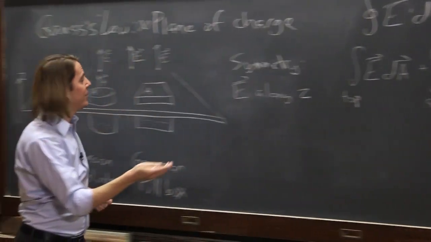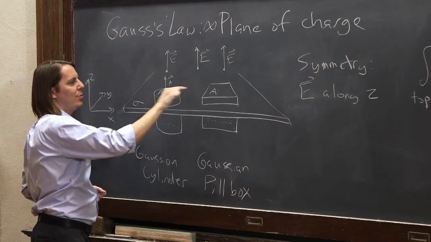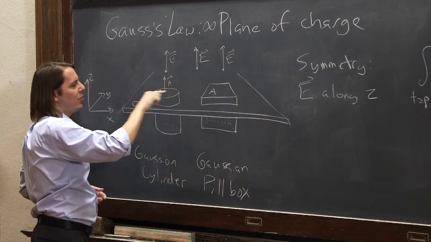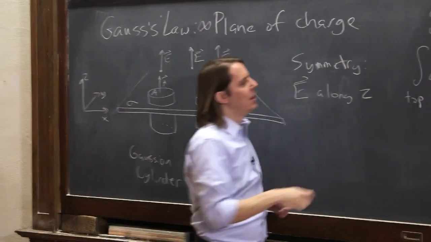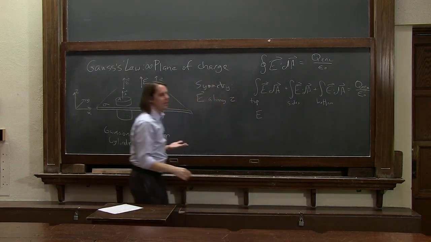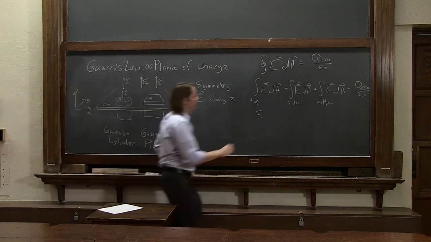E is also constant. If you move around on this surface, E doesn't change as you move around above a plane. It might change if you move away from the plane, but moving laterally makes no difference whatsoever. So this integral just becomes E times the integral of dA, and the integral of dA is just that area. So this one just becomes EA.